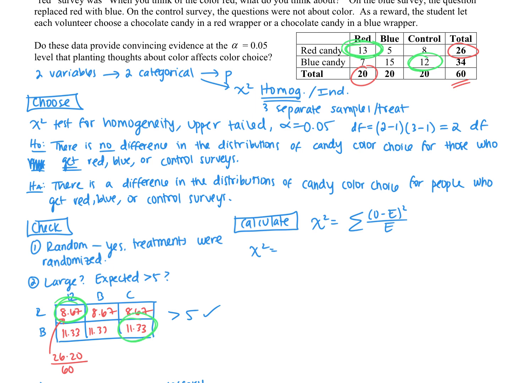So if I write that out, I have 13 subtract 8.67 squared divided by 8.67, plus ... and then the last one is 12 subtract 11.33 squared over 11.33.